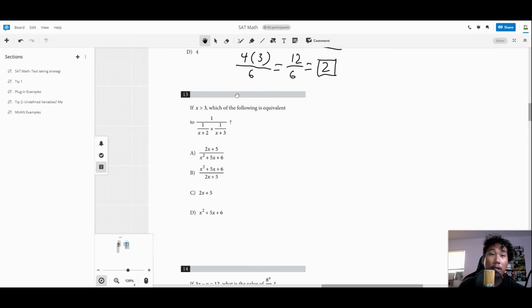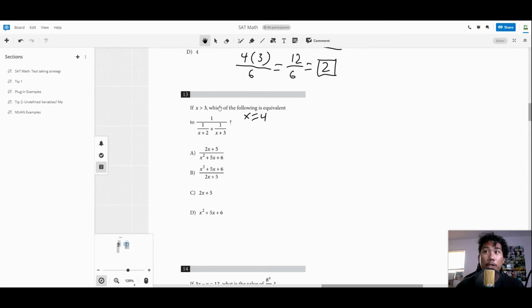And so since our variable is undefined in both the question and the answer, I can go ahead and make up a number as long as it meets that criteria of being greater than 3, right? So I can go ahead and use the next smallest whole number, which is 4, right? So I can say that x is equal to 4. Let's say x is equal to 4.